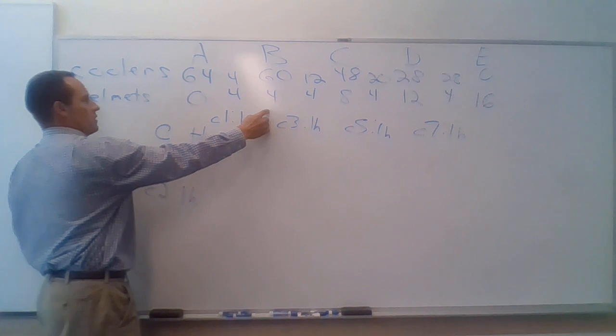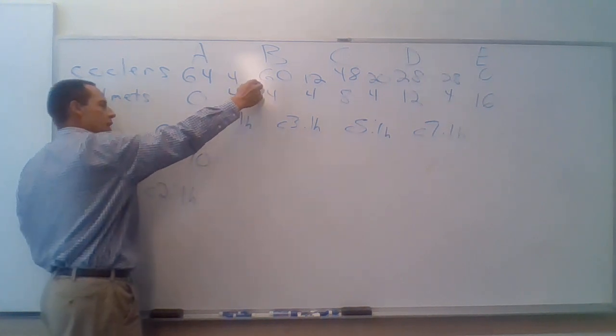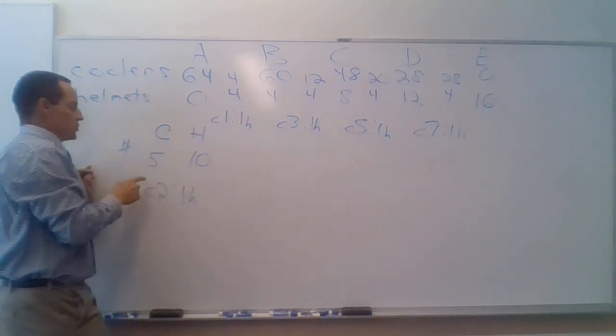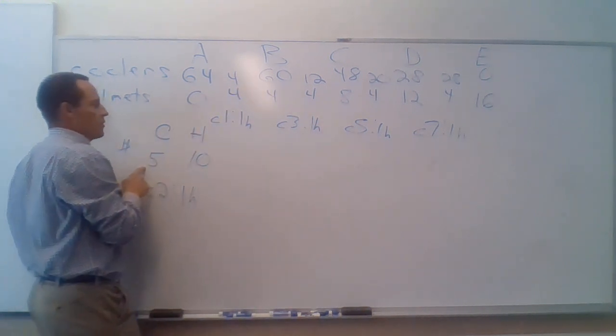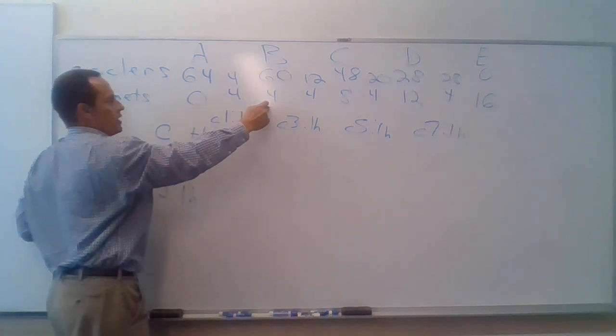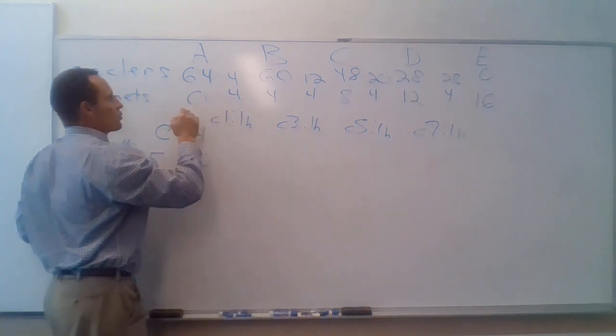If we make 60 coolers and 4 helmets, we would get $300 from cooler production when they are priced at $5 a piece, plus $40. So here we would have $340 versus $320. Point B is worth more than point A.